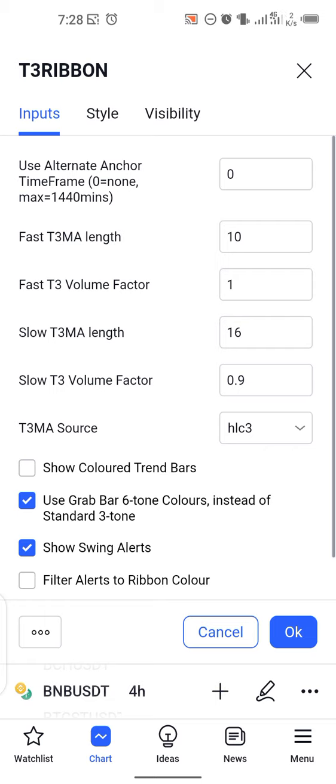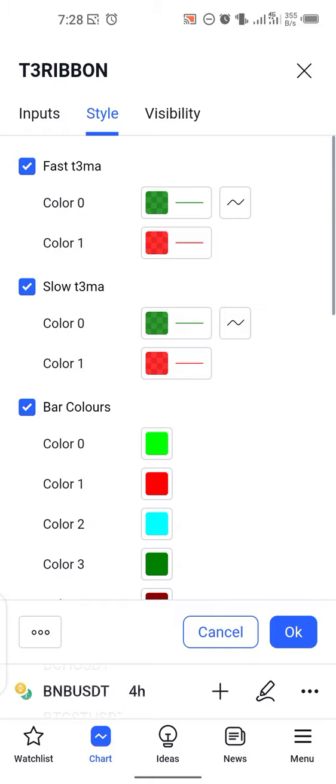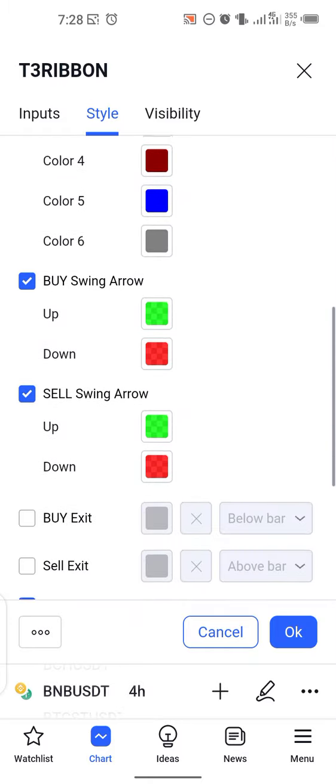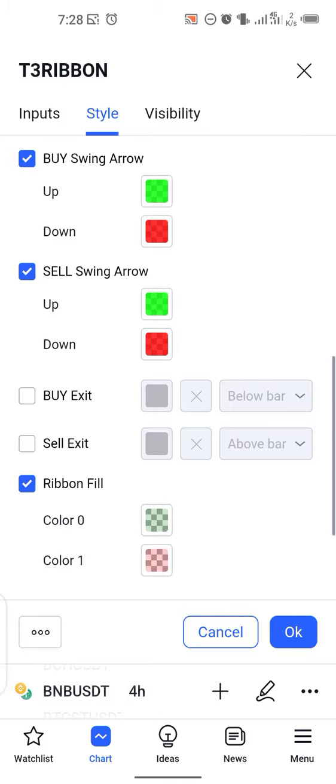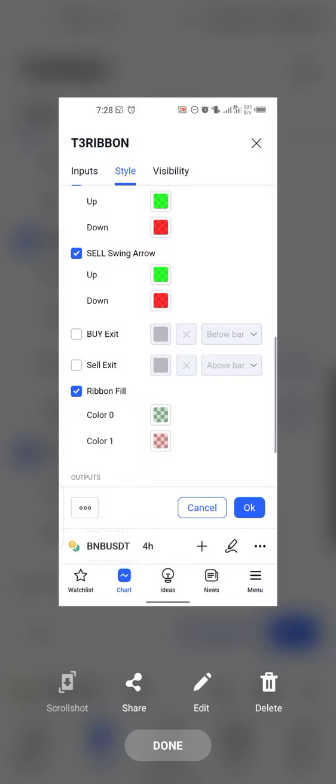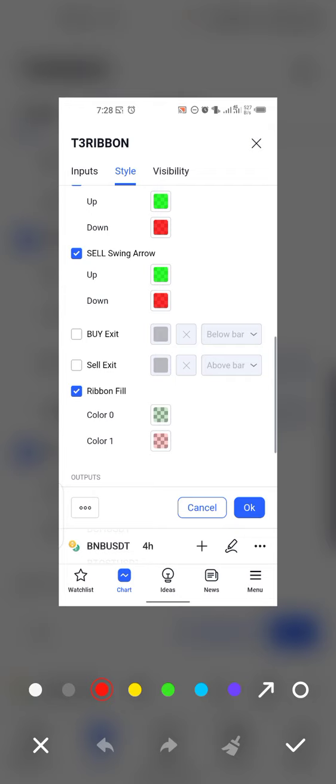Now we were doing the inputs, the first part. Now we are going to go to the style. In the style, we're just going to scroll down, and when we scroll, we find this area that has buy exit and sell exit. It was ticked.